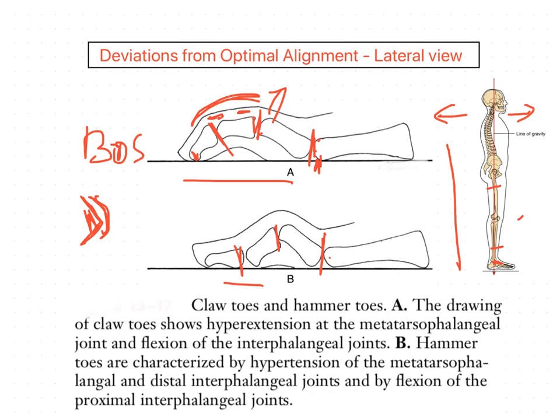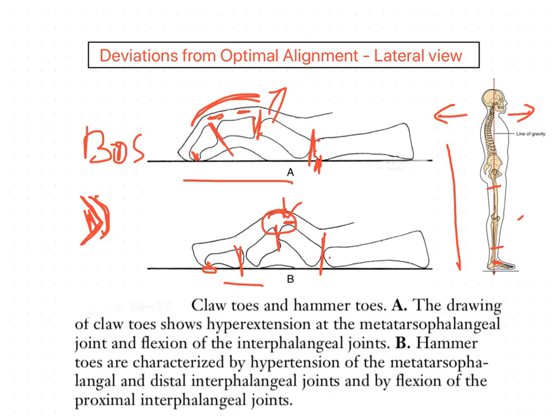So what is happening here? Calluses may be found on the superior surface of the proximal interphalangeal joints over the heads of the first phalanges, as a result of pressure from the shoes. Okay, the tips of the distal phalanges also may show calluses as a result of abnormal weight bearing.